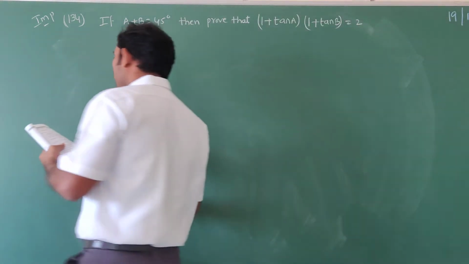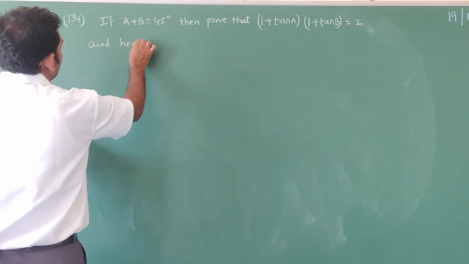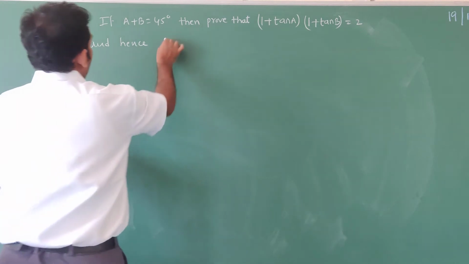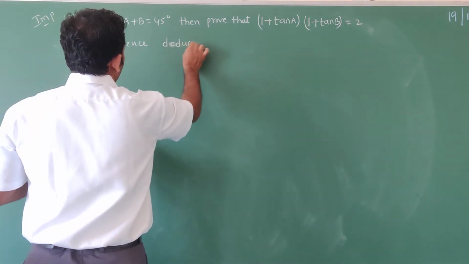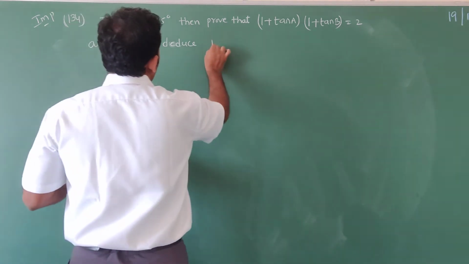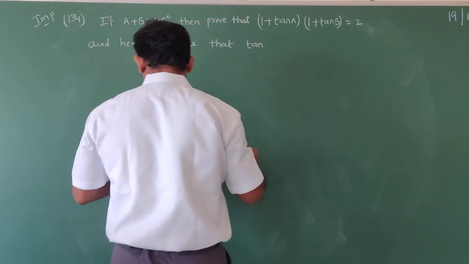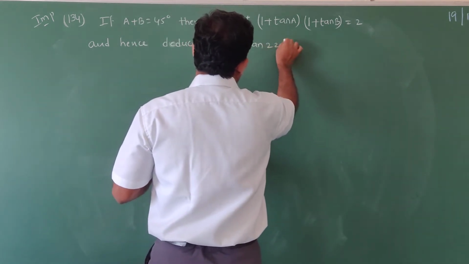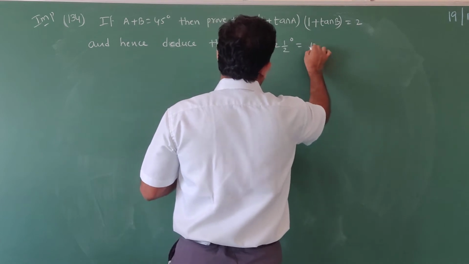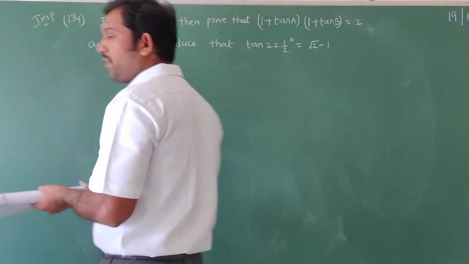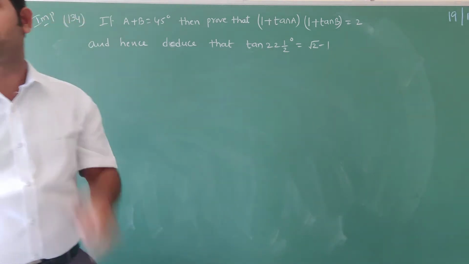And hence deduce that tan 22.5 degrees is equal to root 2 minus 1.